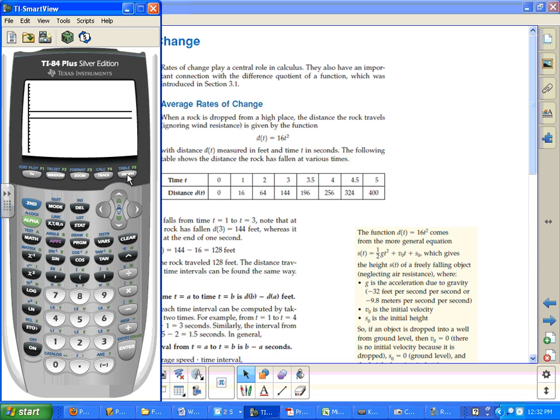So if I changed it to, let's see, let's pick another value. Let's go from 0.7 to 0.8. Oh, I have to change something else here. Window from 0 to 2.